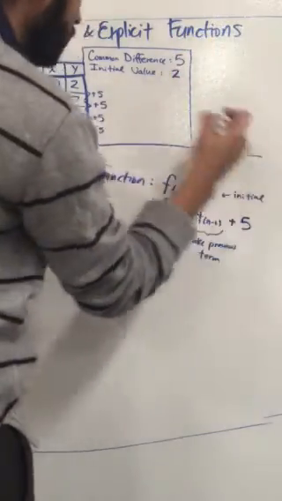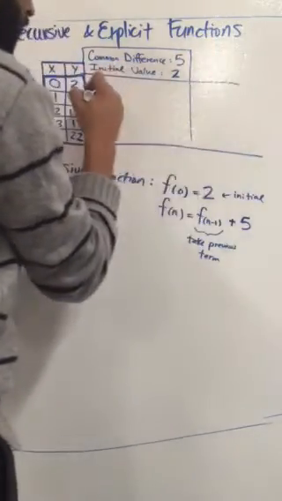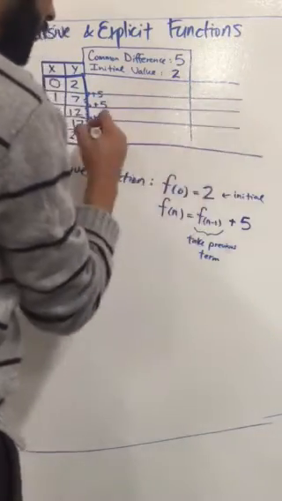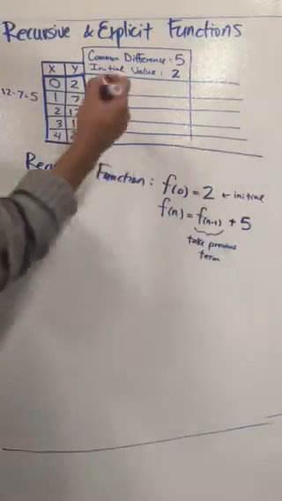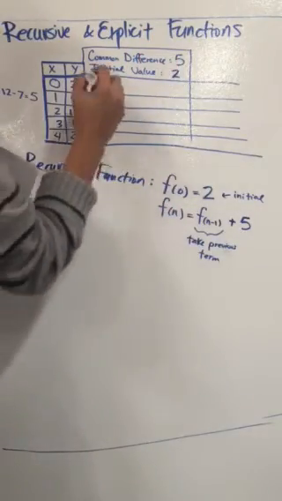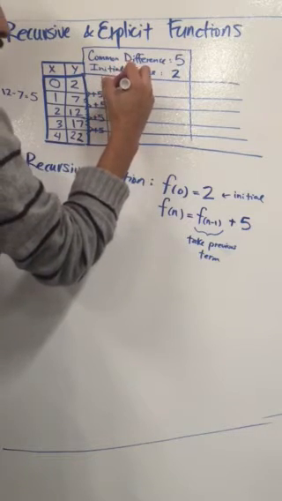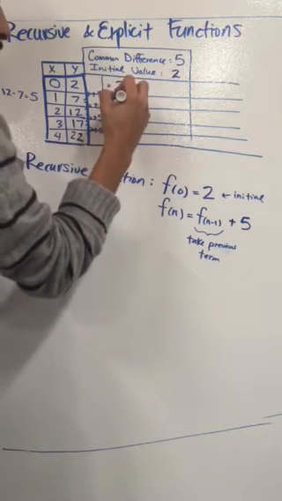Now, let's actually continue our table here. I'm going to create another column, and it's going to show our common difference and initial value. So let's start with our initial value, 2. I'm going to write that here, 2.